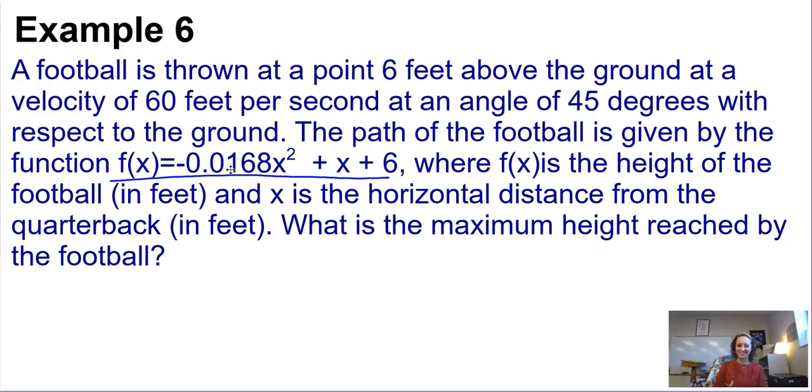It occurs at the vertex, okay? So keep in mind our formula to find the x value of the vertex. It goes like this, -b over 2a, let's write that. Now b is what? b is 1, so -1 over 2 times what is a? a is -0.0168. Don't lose that negative, okay?